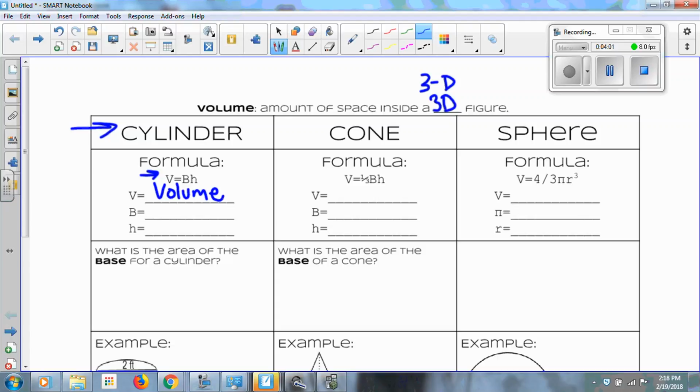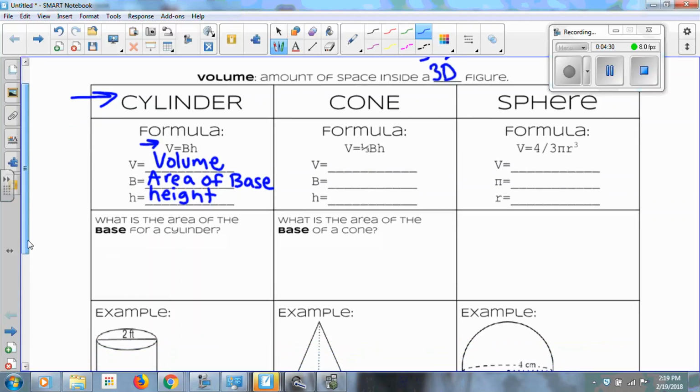I already showed you on your star chart that the big B stands for area of the base. And the H, yes, you got it. You guessed it correctly. That is the height of the cylinder.